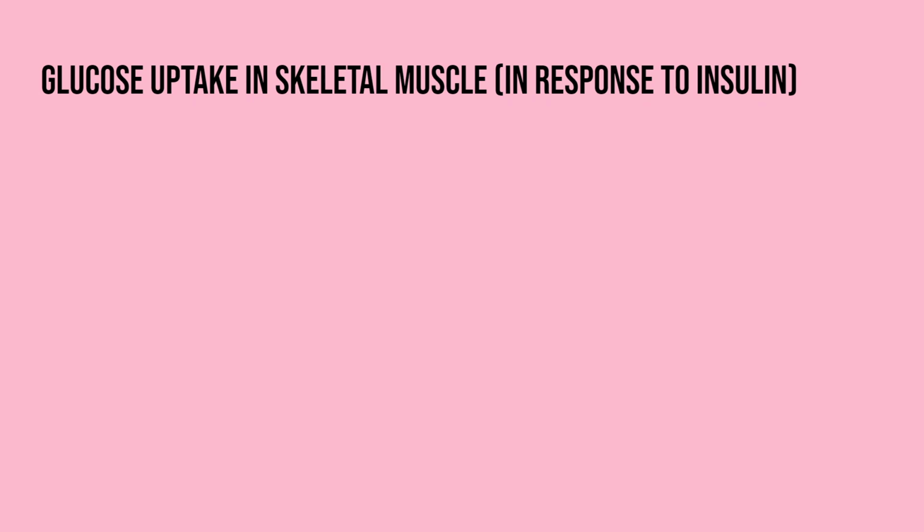So the insulin goes through the blood from here. Now we're at skeletal muscle. And on the skeletal muscle, there's a transporter. We're going to do it in green. It's a different one, called GLUT4.